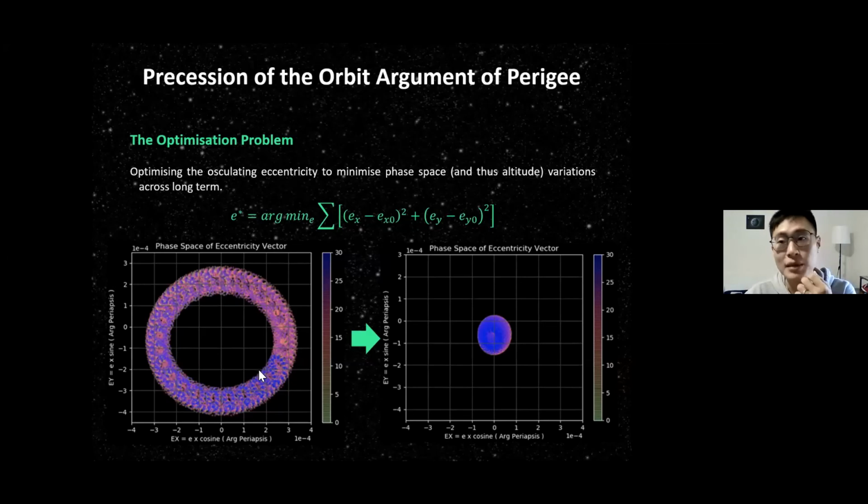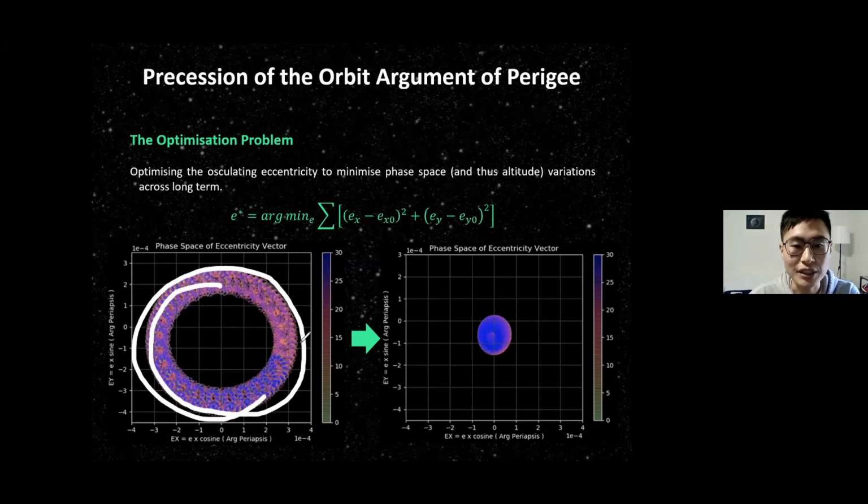And the eccentricity vector takes your argument of periapsis as the angle. So think about polar coordinates: there's a magnitude and there's a direction. The direction is an angular direction, and the radial magnitude is given by your eccentricity. So if you look at how much this circle varies, let me annotate again, the radius over which this circle varies gives you a measurement of how much your satellite is oscillating.